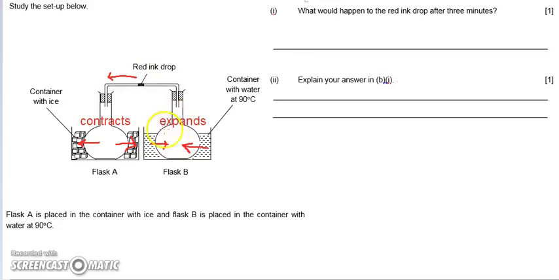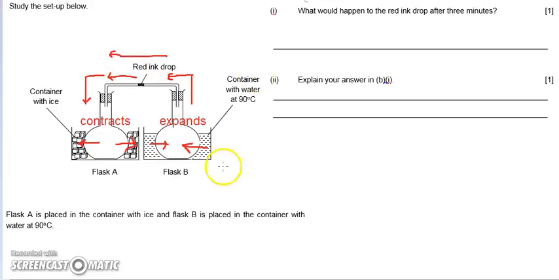So the air here that is expanding requires more space, and will push the air this way, whereas the air here will require lesser space and it will push the air this way. So what will happen is the red ink drop, which is trapped between the two pockets of air, will also be moving towards the left.